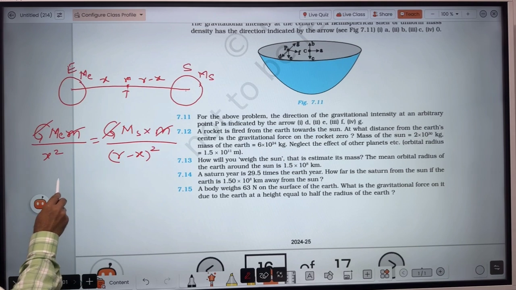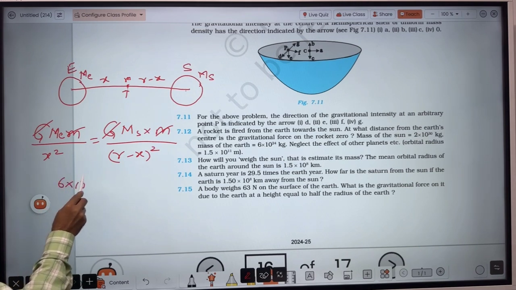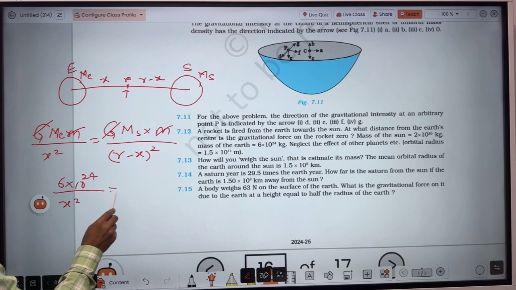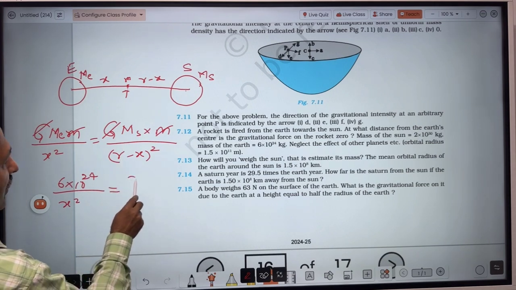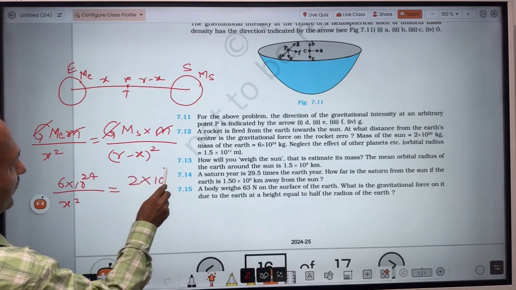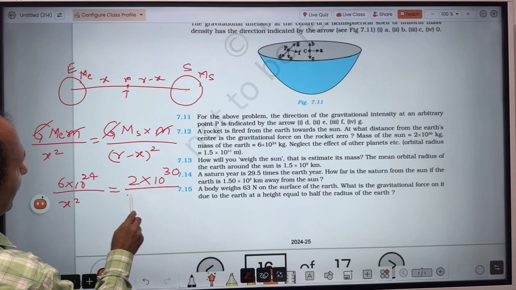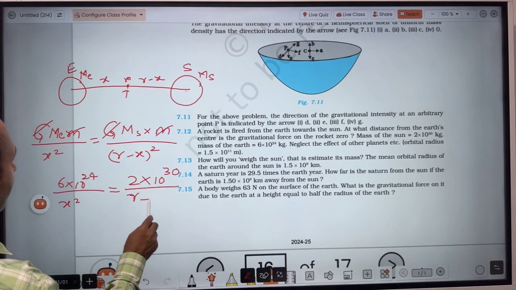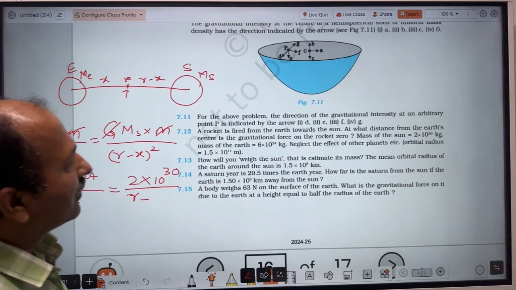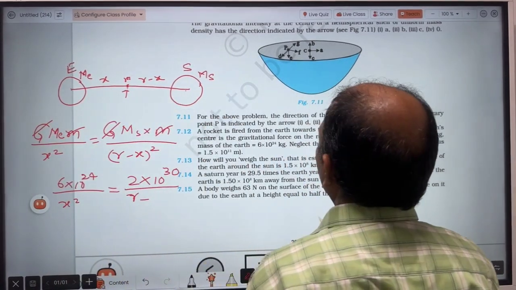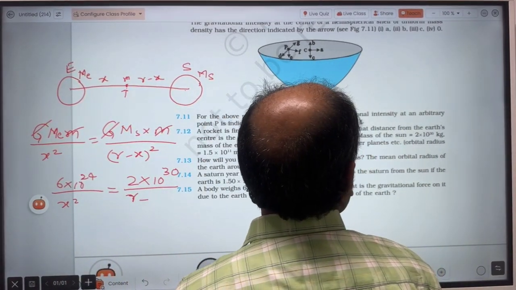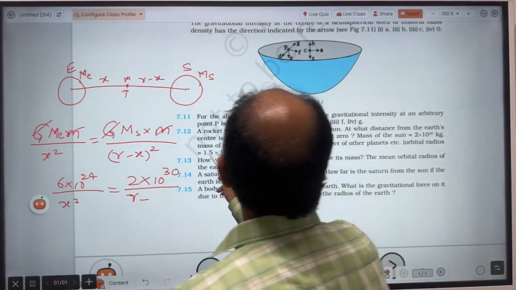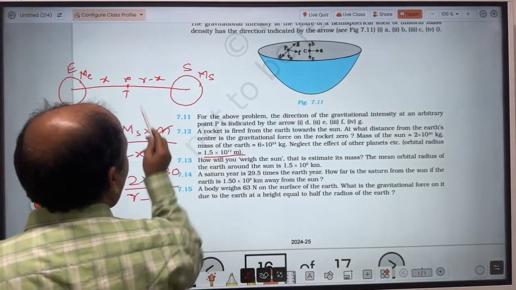Mass of earth 6 into 10 to the power 24 divided by x square equal to mass of sun 2 into 10 to the power 30 divided by r minus x. R is given, orbital radius, meaning this distance.